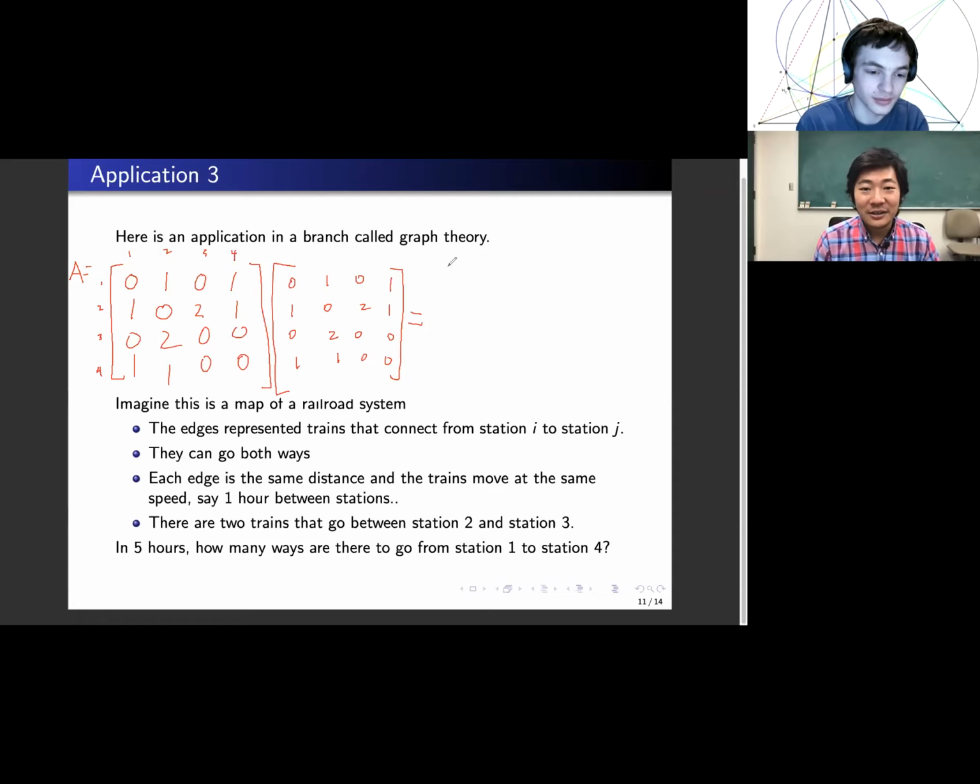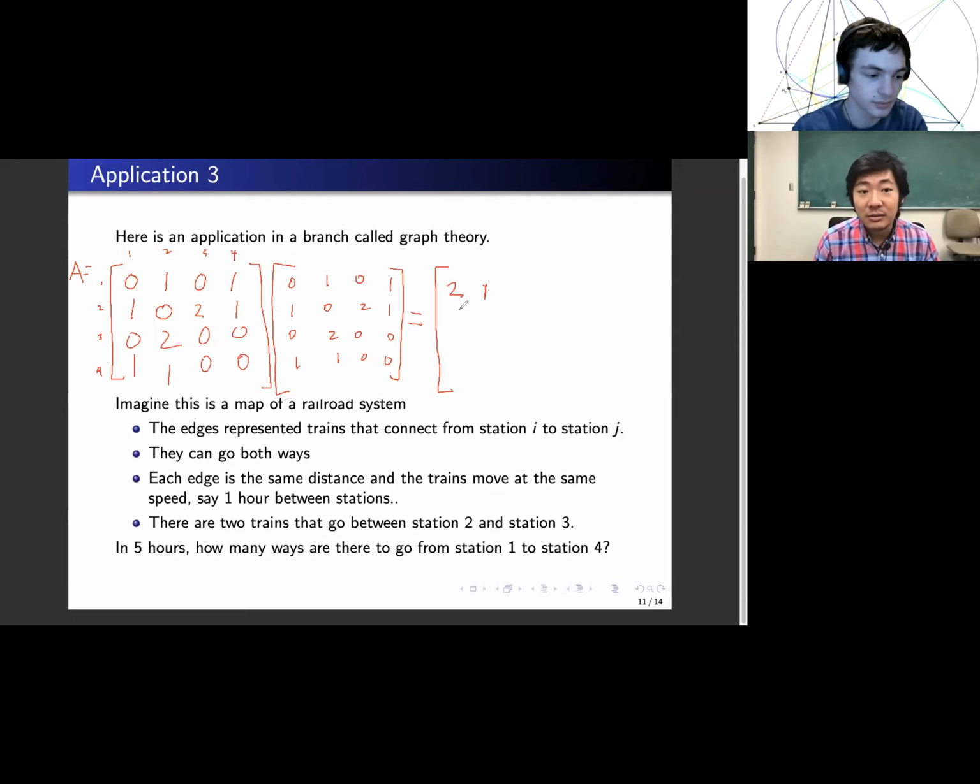Okay, so we do row times column. So it'll be this row times this column. So 1 times 1 is 1, and 1 times 1 is 1 again. So 1 plus 1 is 2. And then this row times this column will be 1.